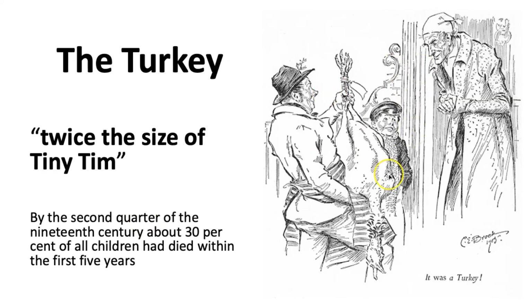Through this comparison of Tiny Tim to the turkey, Dickens is dramatising that feeding, that exploitation of the poor, and also setting up a very real solution. Actually, what if, as a society, we thought about feeding the poor so they wouldn't be malnourished, so children like Tiny Tim would not die?